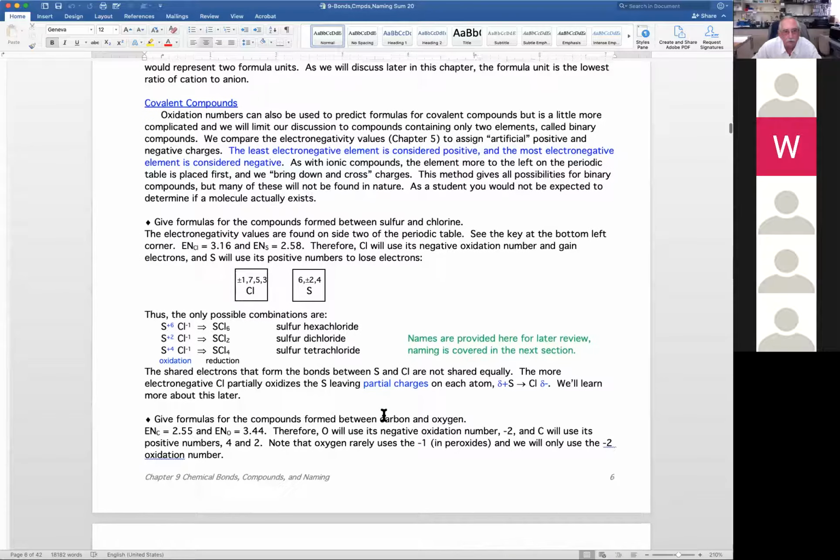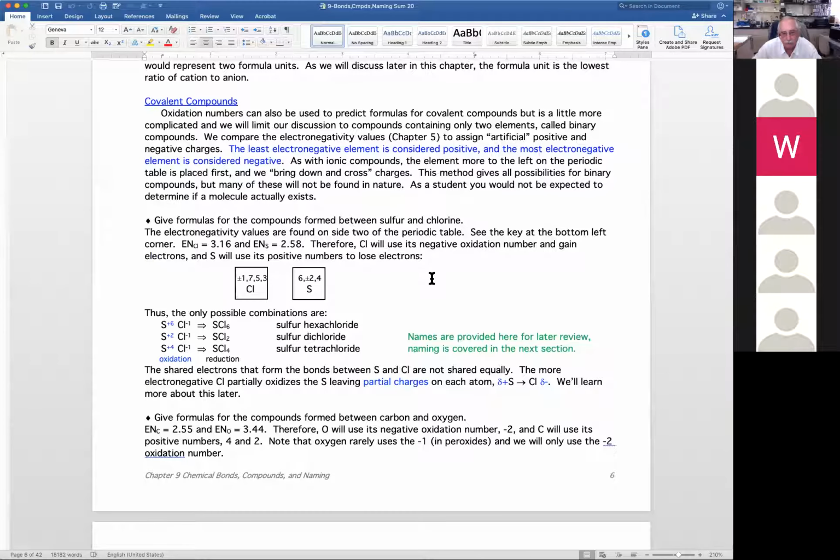So when we do covalent compounds, we do the same thing. But now we don't have a metal that we know is going to be positive and a non-metal that we know is going to be negative. So to figure out which one is positive and which one is negative, we'll look at electronegativity values. That's on side 2 of the periodic table.